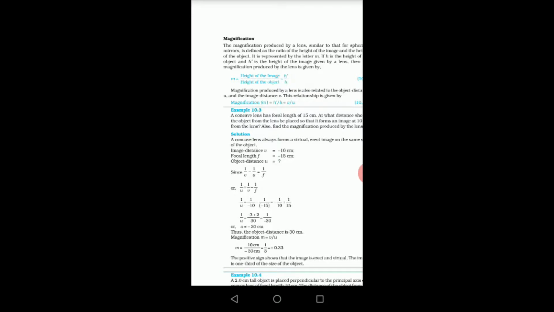It is represented by letter M. Therefore, M equal to height of the image divided by height of object equal to h dash by h. Let this equation 1.